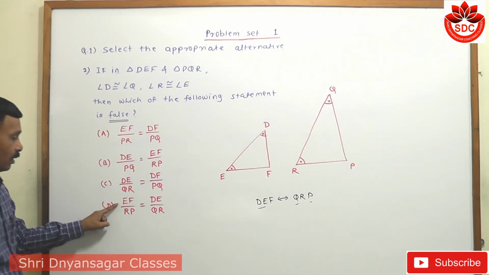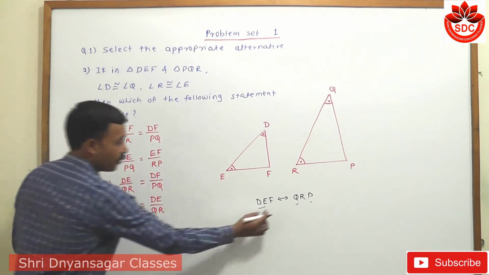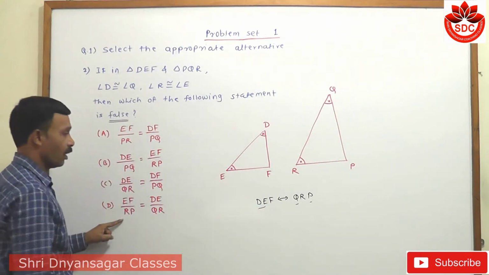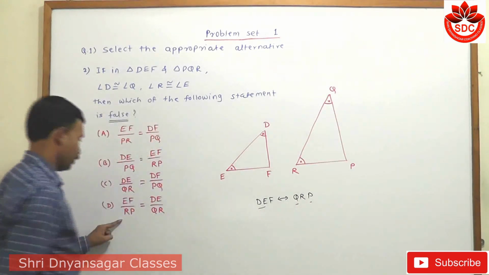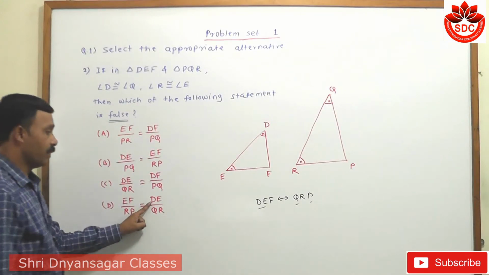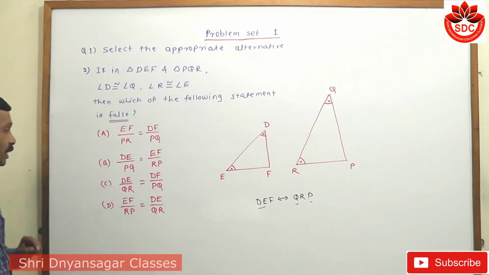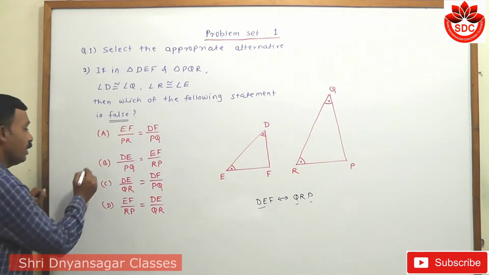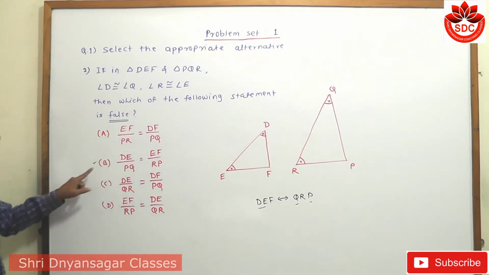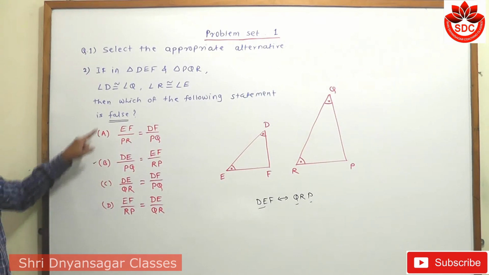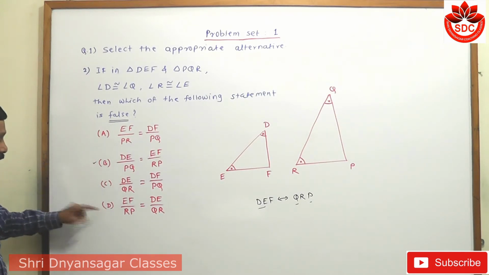Then look at the last one, EF, second and third, upon RP, second and third. Then DE, first and second, QR, first and second. Means that when we look at this, then this is the false one, because all these three are true.